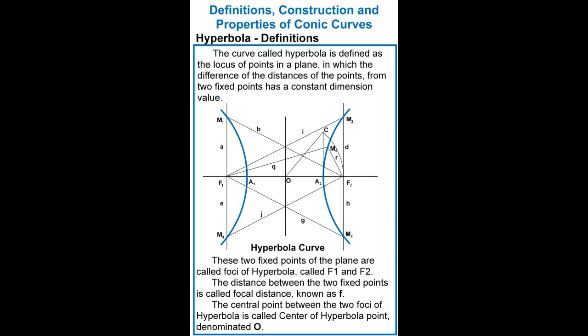These two fixed points of the plane are called the foci of the hyperbola, F1 and F2. The distance between the two fixed points is called the focal distance, and is known as f. The central point between the two foci of the hyperbola is called the center of the hyperbola, and is called by the capital letter O.